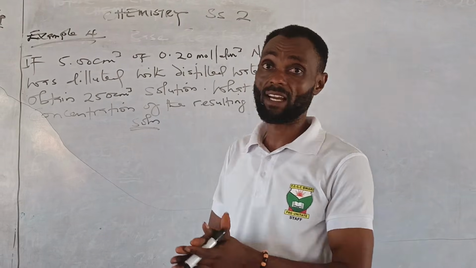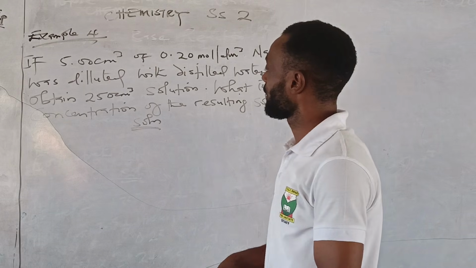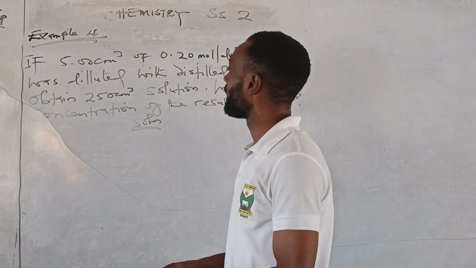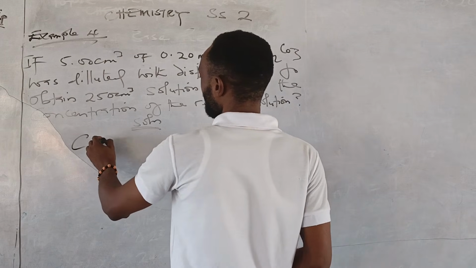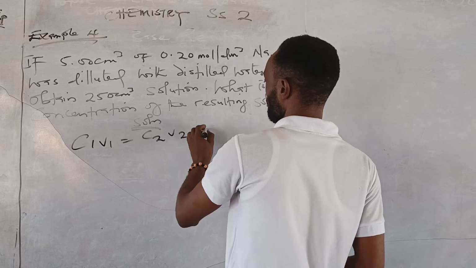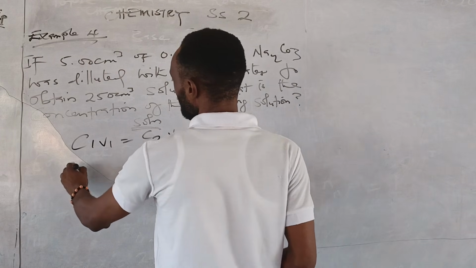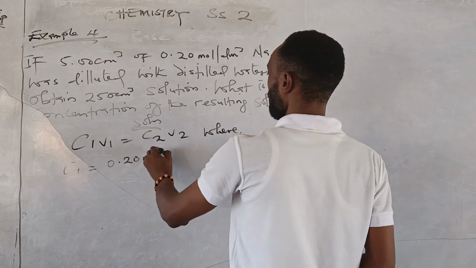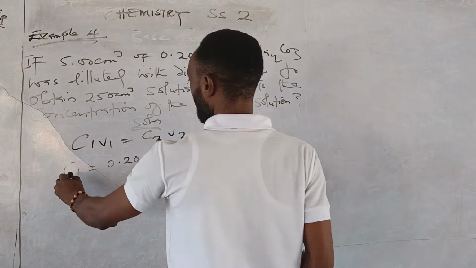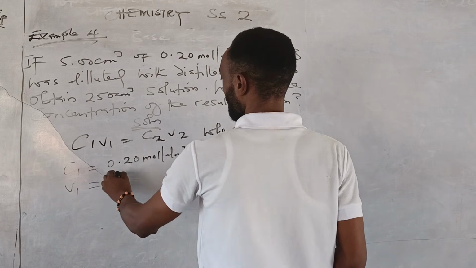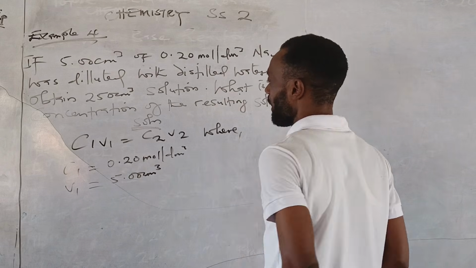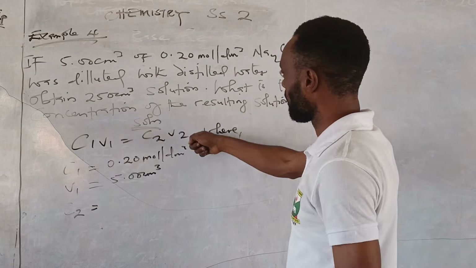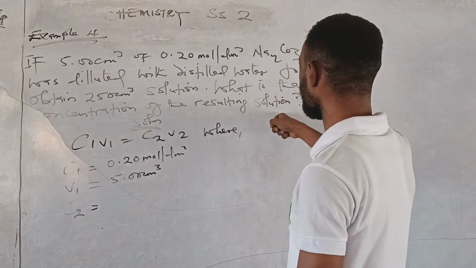Now, as you can see, we have the last example on the board, and this last example has to do with the last formula, which is known as the dilution formula, which states that C1 V1 equals C2 V2, where our C1 is given as 0.20 mole per dm cube, and we have our V1, which equals 5.00 cm cube, and we have our C2, which is what we are looking for, because the question says what is the concentration of the resulting solution.